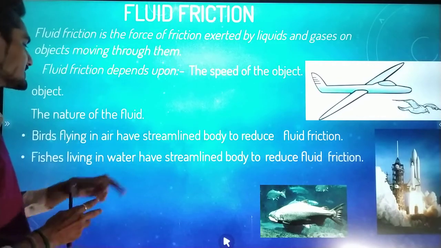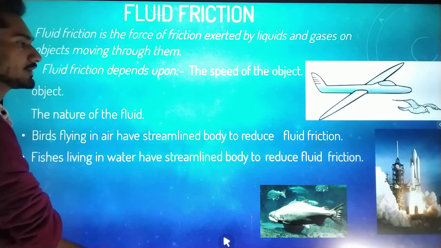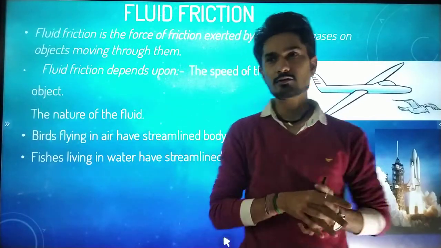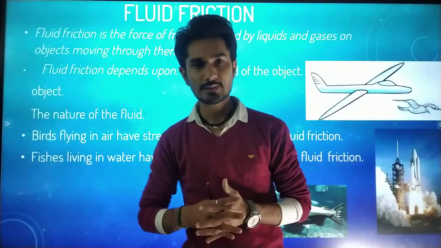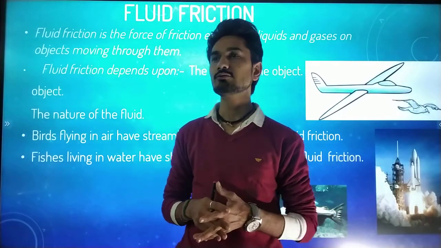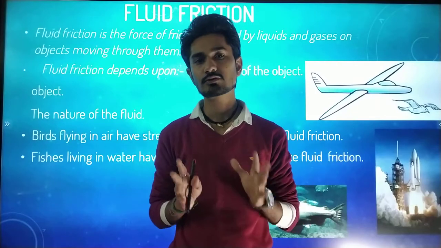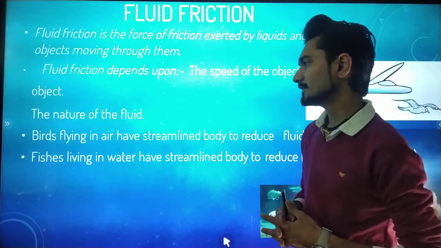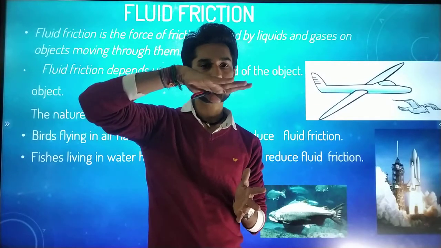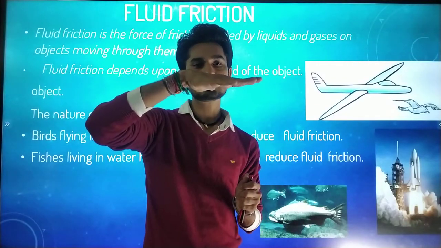Birds flying in air have a streamlined body to reduce fluid friction. Look, birds are flying, and if they have to fly at a higher speed, they have to reduce the friction, and for reducing the friction they streamline their body, in a straight linear path.